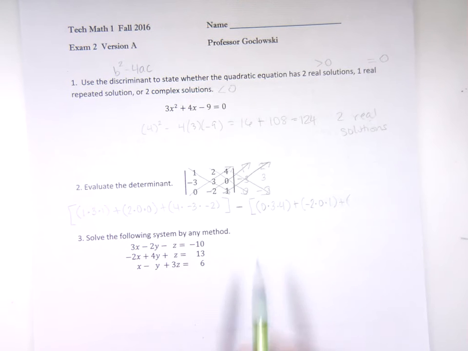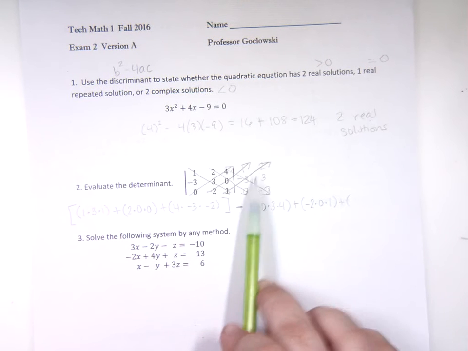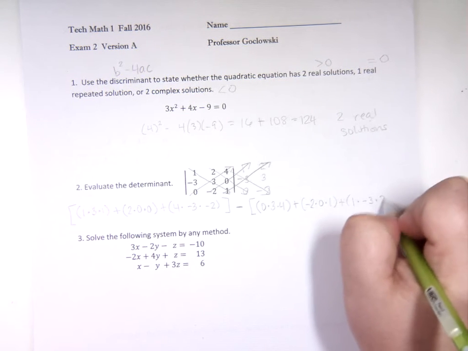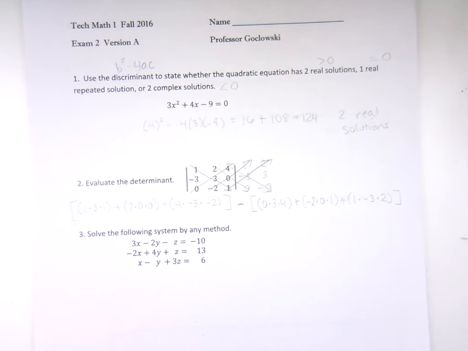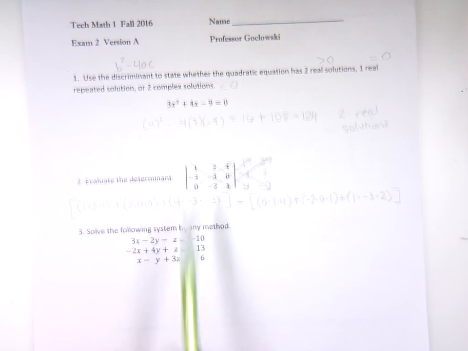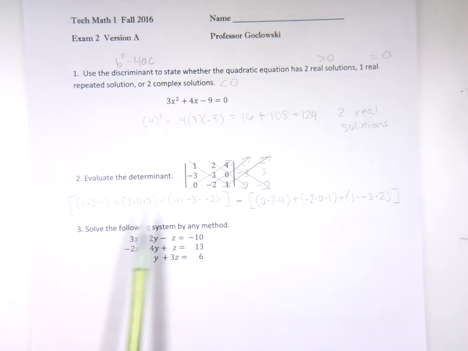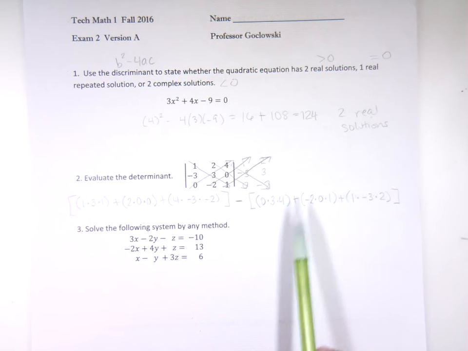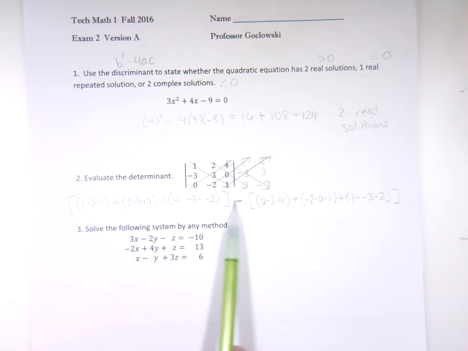And then we're going to add 1 times -3 times 2. So remember that. All 3 diagonals get multiplied and get added together. That's true for both sets of diagonals, and then there's a minus sign in between.